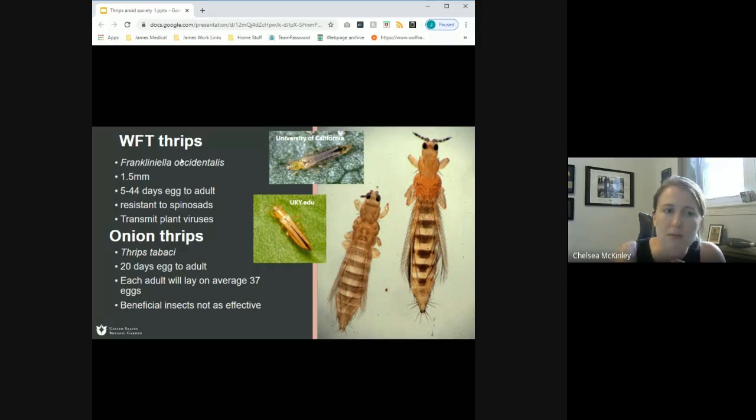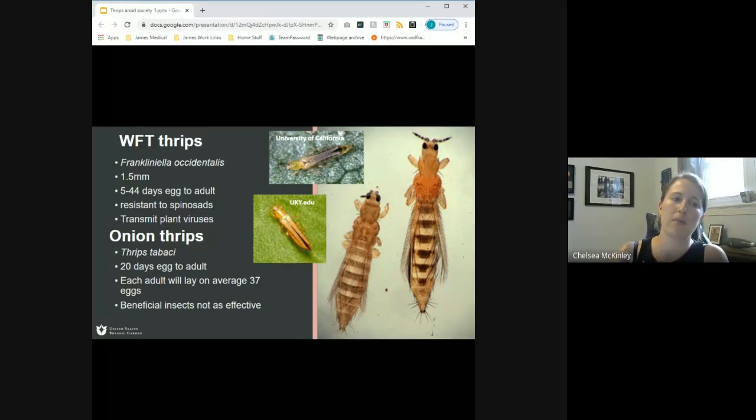Western flower thrips tend to be resistant to spinosad, which is a common insecticide used to treat thrips. So this is one of the reasons why it's good to know what species of thrips you have, because one insecticide might not work on one species, but it works on other species.